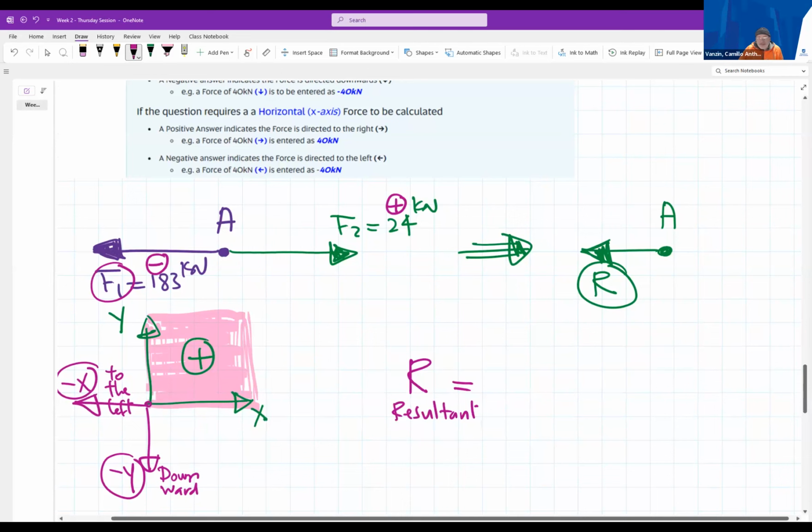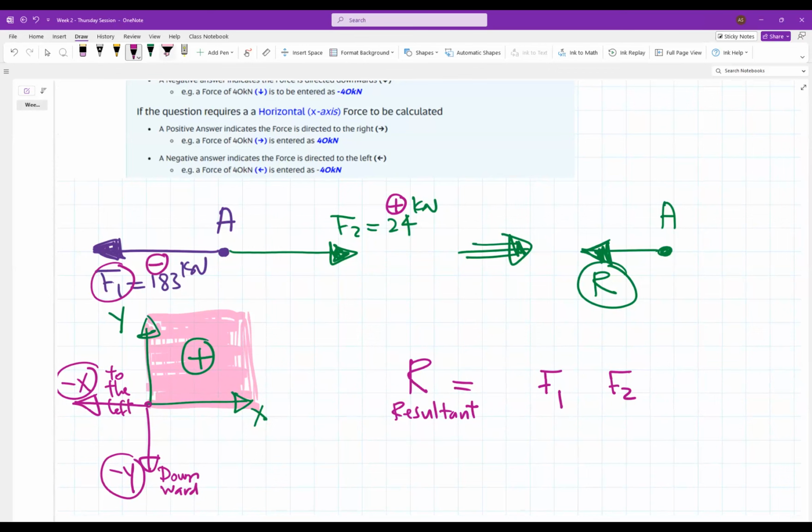So if we want to find R, R is the abbreviation of the resultant. It will be an algebraic process between F1 and F2. F1, because it is to the left, I will give it a negative sign.